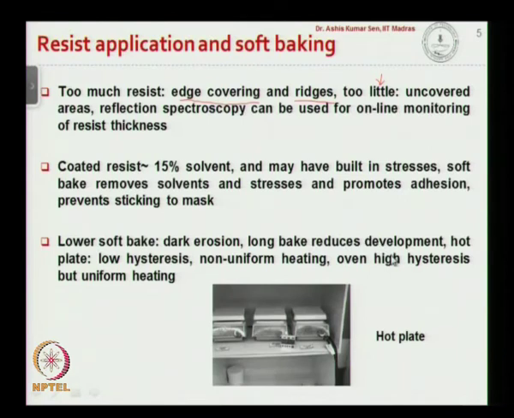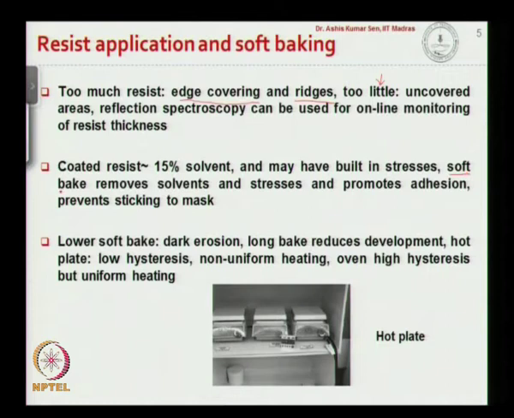Typically, in order for the photoresist to spin, we use solvent. Typically 15% solvent is used in the resist, and we may have built-in stresses because of the highly viscous nature of the photoresist. So what we do after spinning is take the wafer through a process called soft baking.